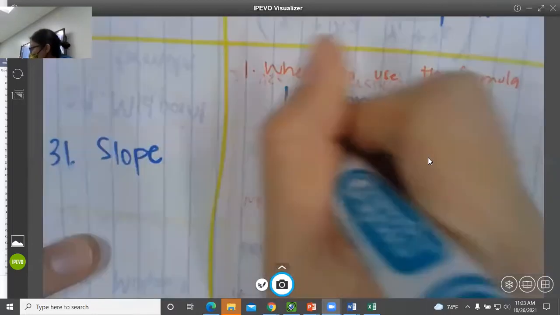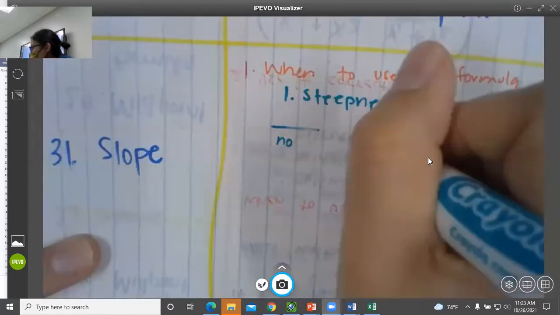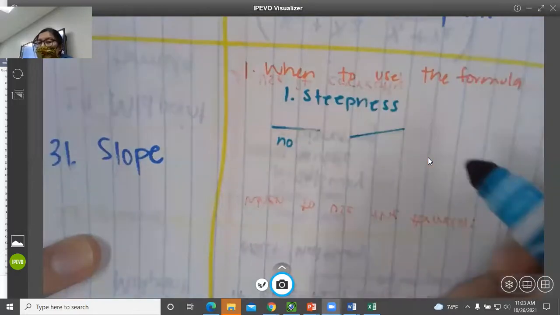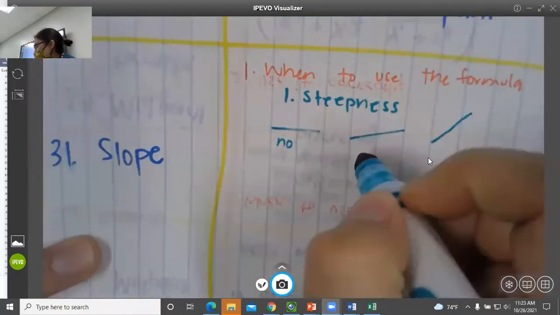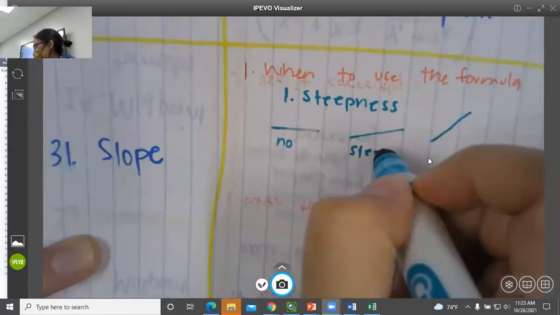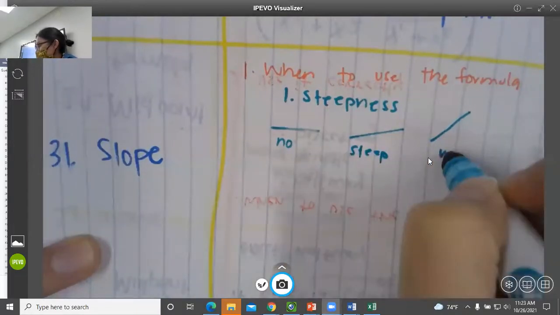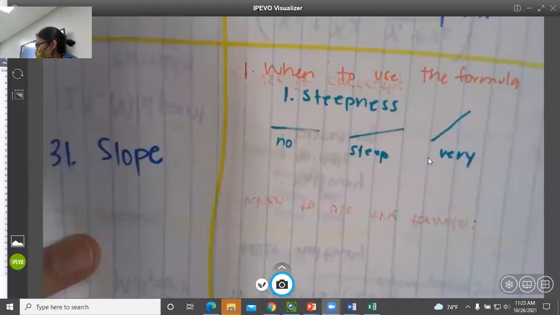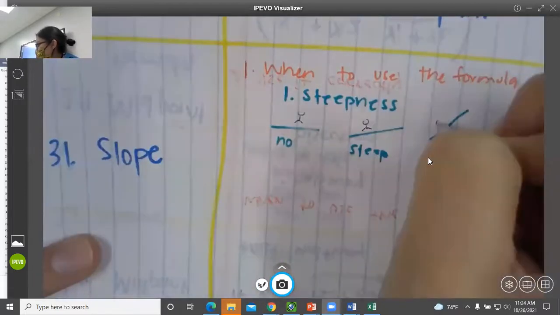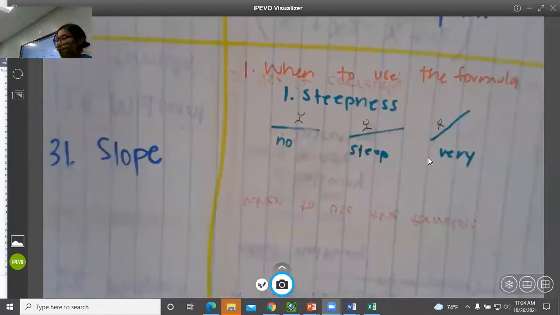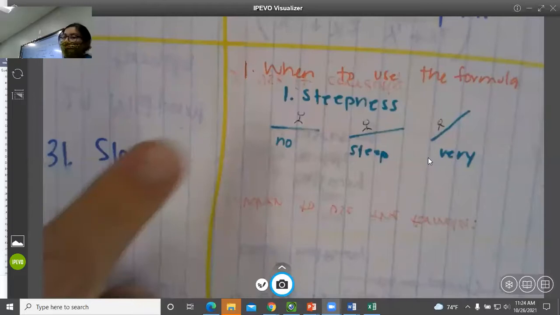Here, there's some steepness. And then this would be very, very steep if you were going to walk here. If you were a person walking on it, that would be very steep. That's a little stick figure. So we need slope when we're talking about steepness.